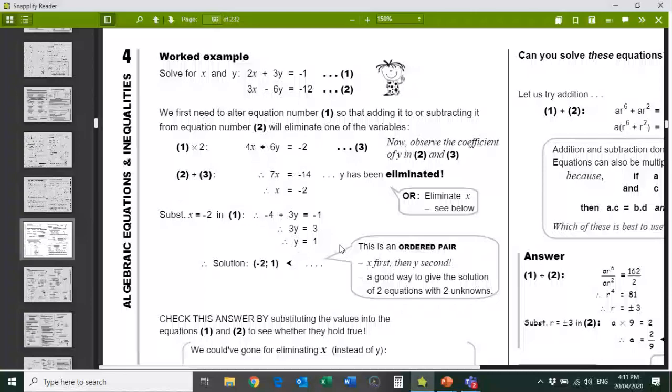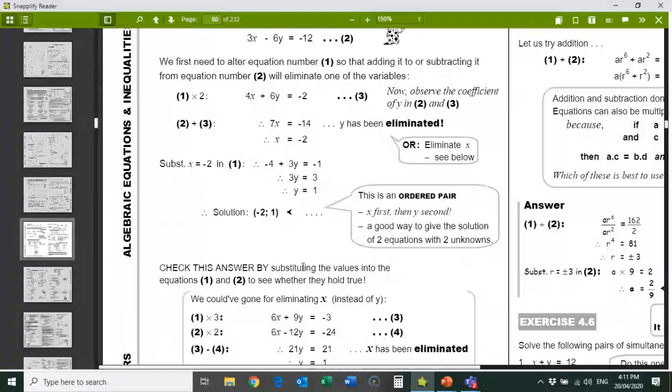So what does that mean? You guys know by this time that x is always first and then there's a y. So all this means is that x is -2 and y is equal to 1. Are there any questions?